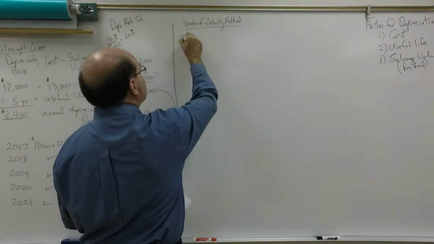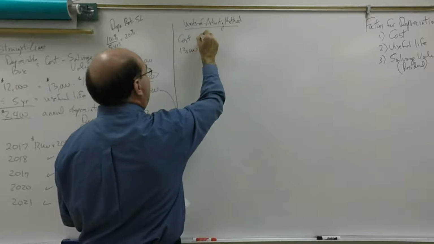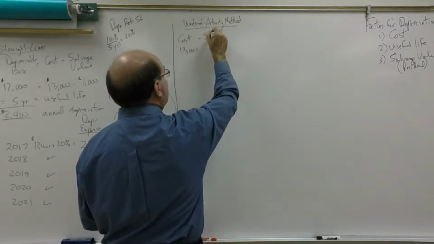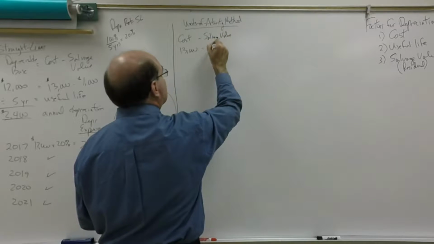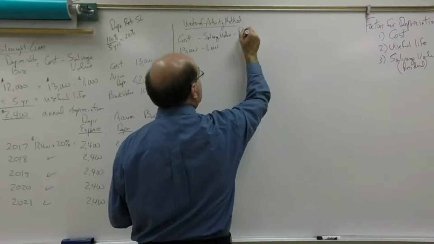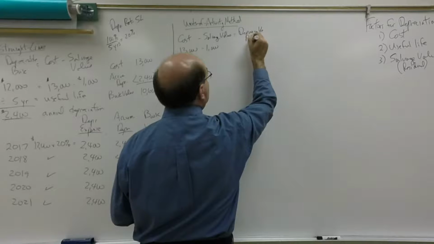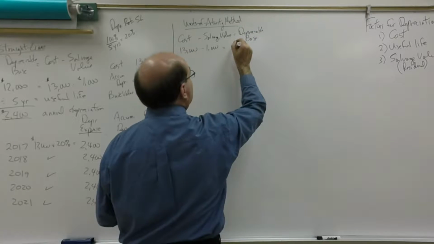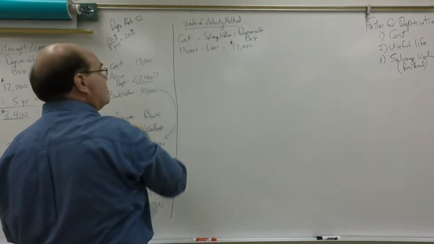But so we had our cost was $13,000. And then we had our salvage value was 1,000. So that meant that our depreciable base was the $12,000. So that part's the same as what we had in the straight line.